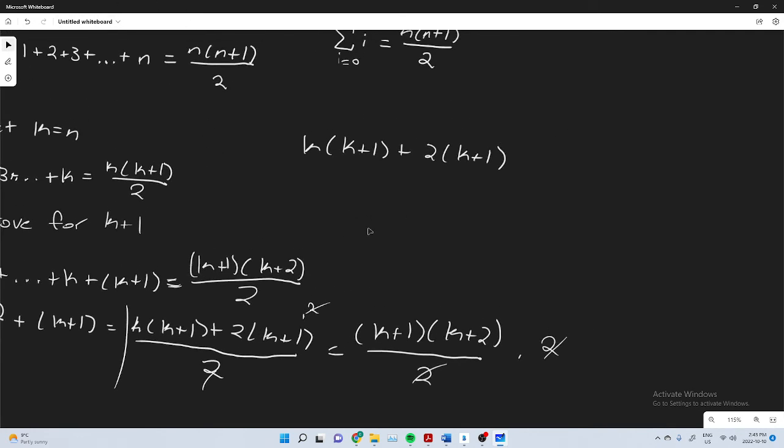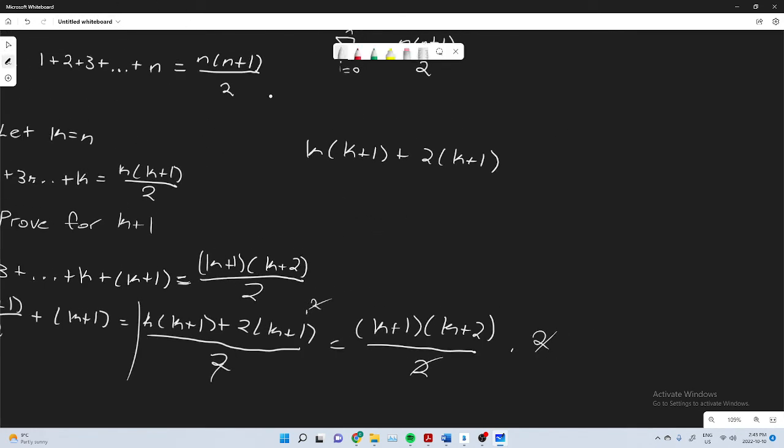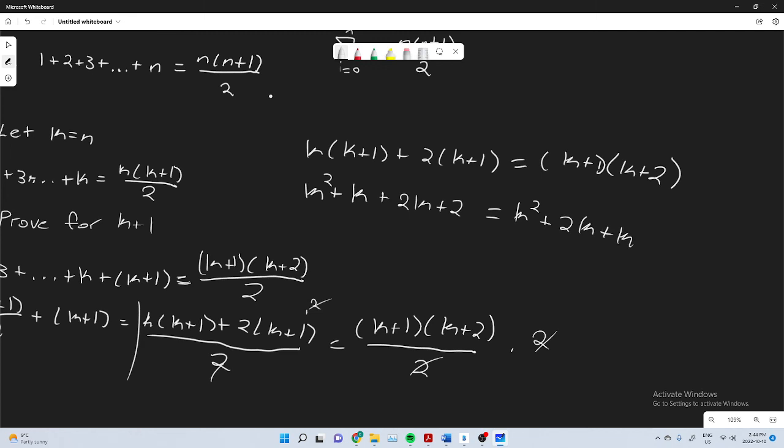is equal to k plus 1 times k plus 2. So this is going to be k squared plus k plus 2k plus 2, and that's going to be equal to k squared plus 2k plus k plus 2.